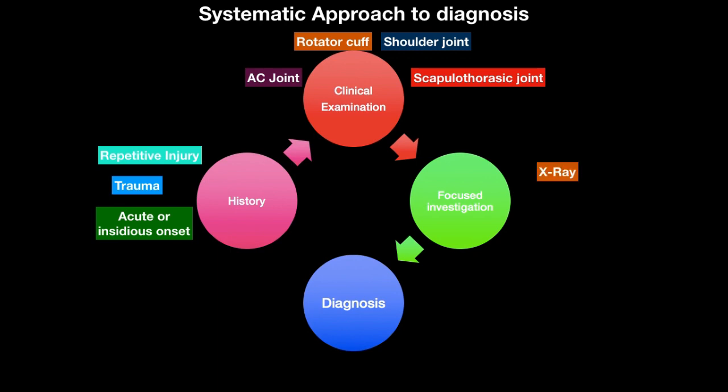The sequence of examination of the shoulder joint may vary according to the preference of the surgeon. After clinical examination, a focused investigation is very, very important because these investigations are neither sensitive nor specific for a particular disease. Most patients will require X-ray, some will require CT scan and MRI, and many of these patients will benefit from ultrasonography.